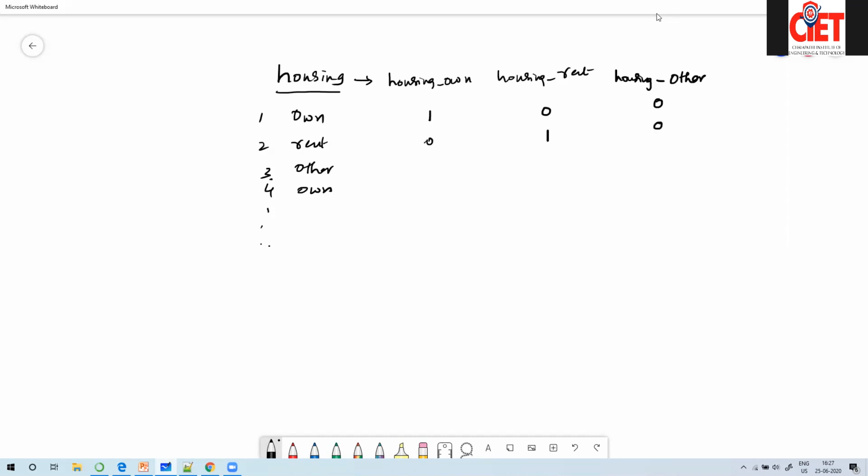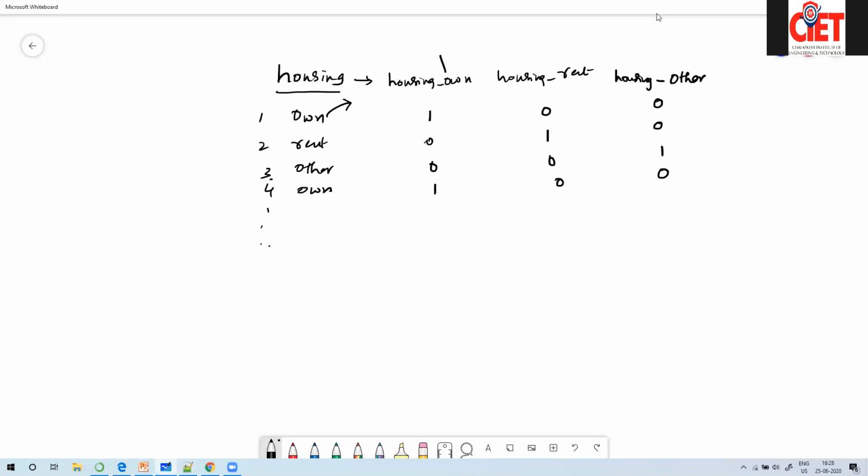So we are converting a character column into binaries like this. Wherever other is 1, these two will take zeros and this will be 1. Again, it is own, so this will be 1, these two will be zeros.